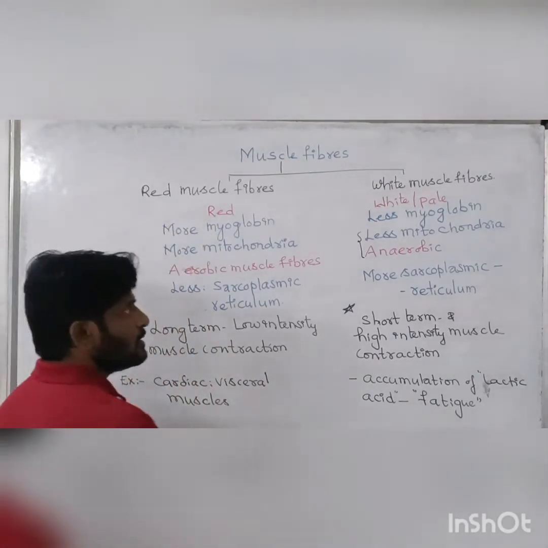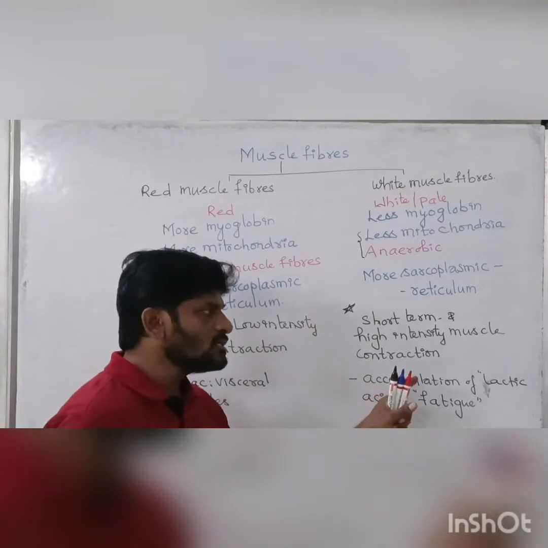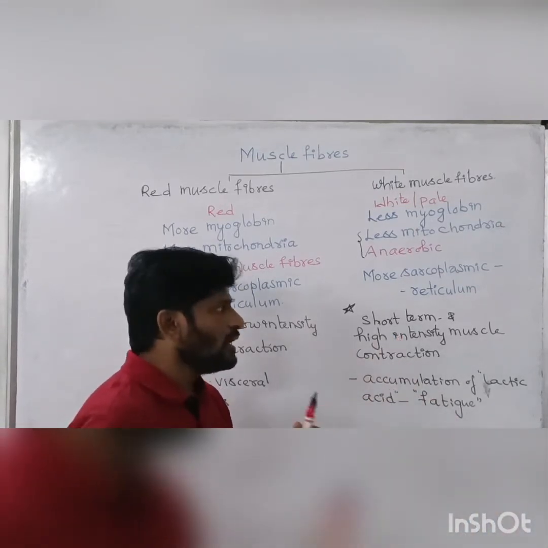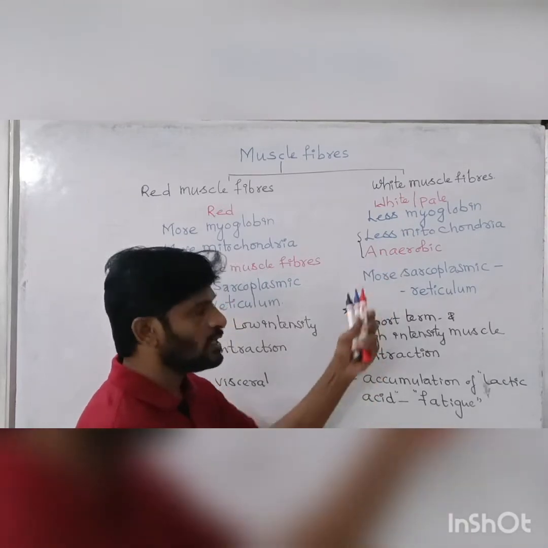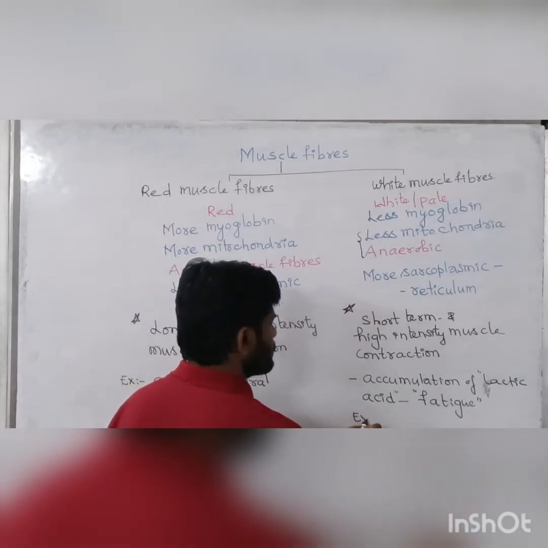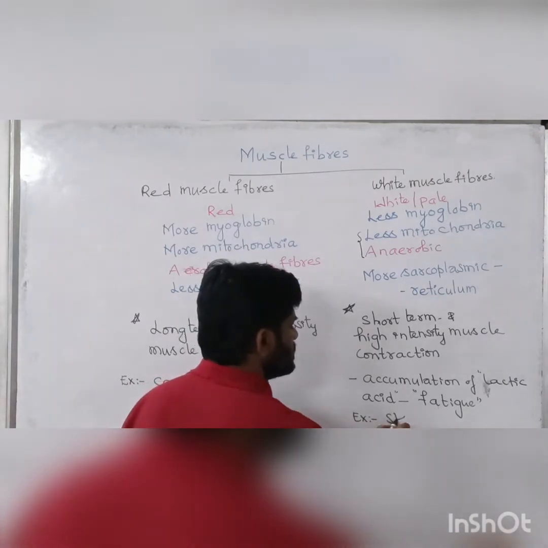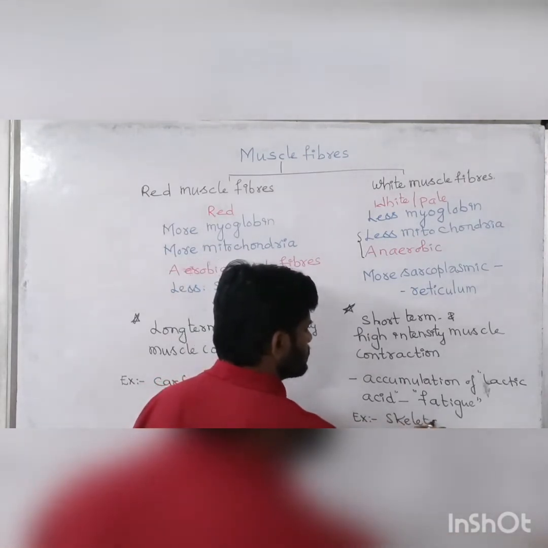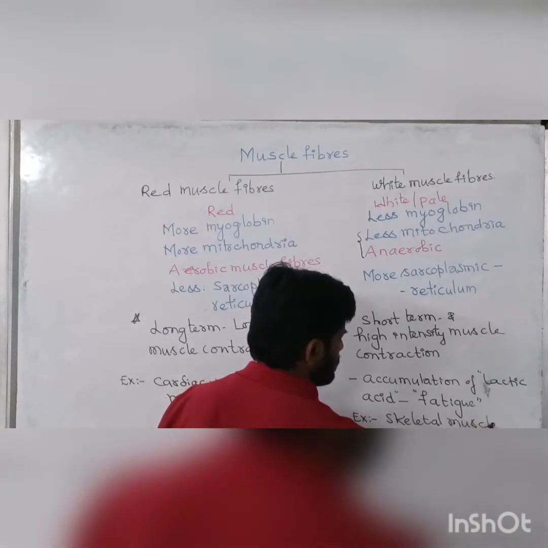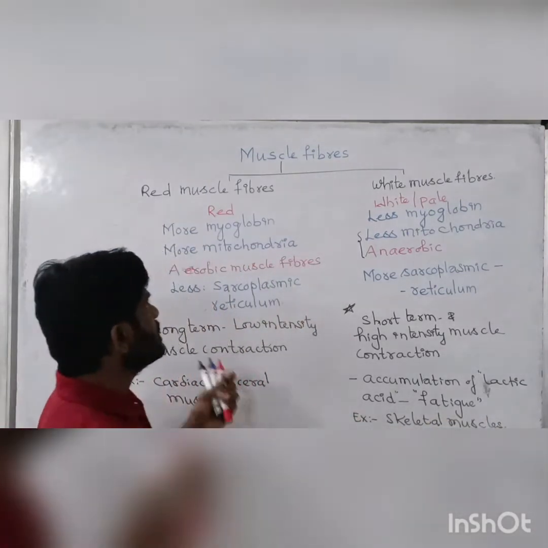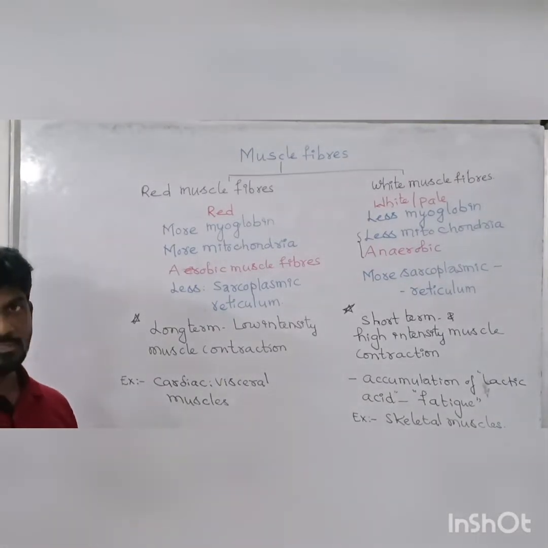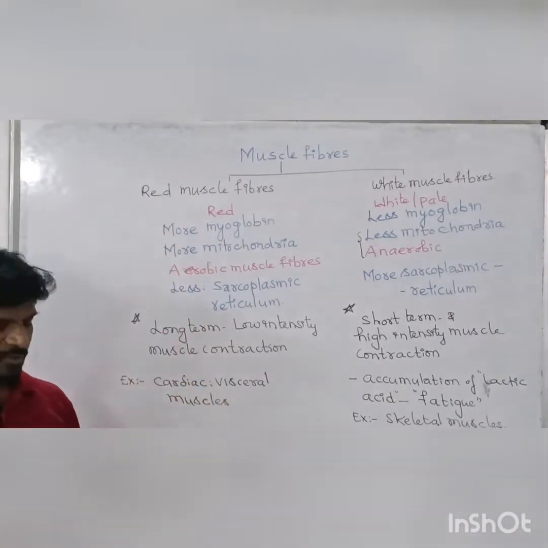Whereas, when they accumulate lactic acid because of vigorous exercise, I mean high intensity muscle contraction, when they are anaerobic with less mitochondria, for example, skeletal muscles. And these are the differences and the examples of the white and the red muscle fibers. Thank you.